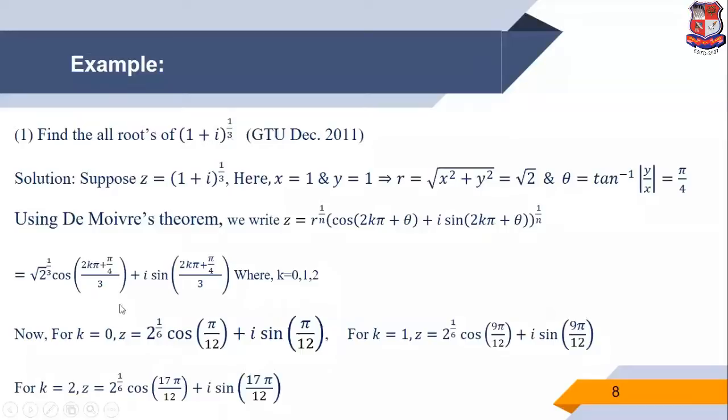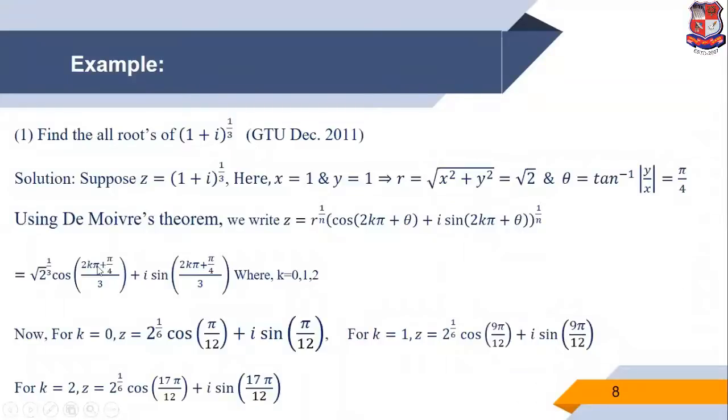First, we consider k is 0. We input here. Then 2 raised to 1 by 2 into 1 by 3, so 2 raised to 1 by 6. Cos of k is 0, pi by 4 divided by 3, so pi by 12, plus I sin pi by 12. The first root is 2 raised to 1 by 6 cos pi by 12 plus I sin pi by 12. For k equal to 1, we input here k equal to 1.